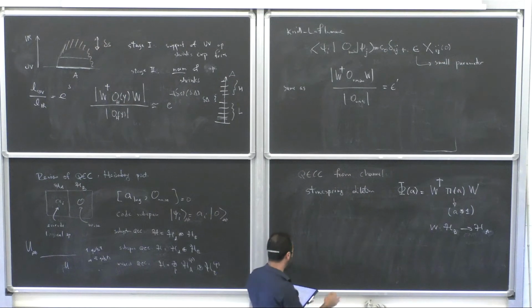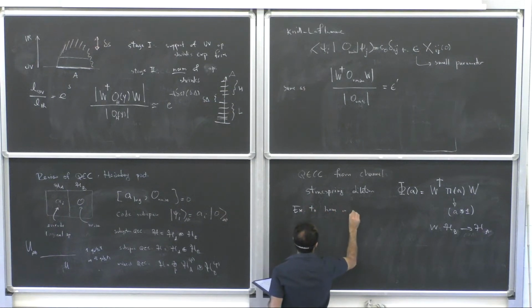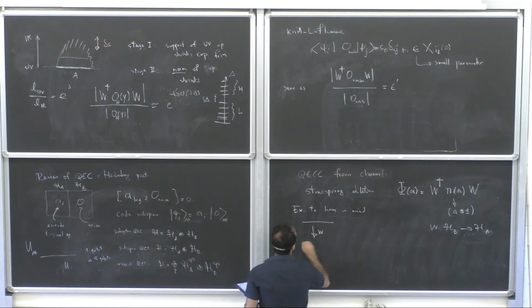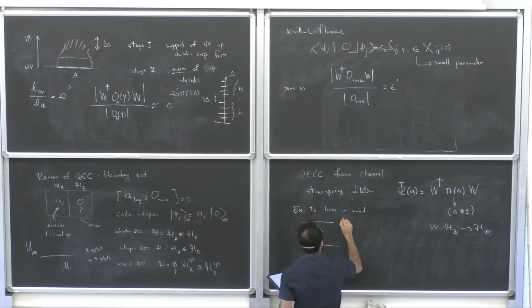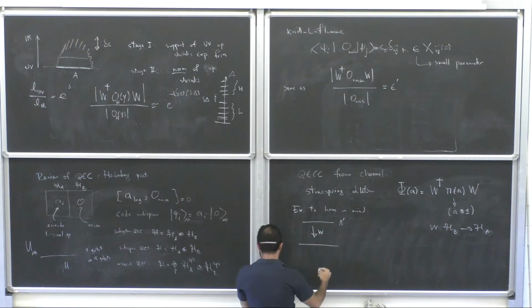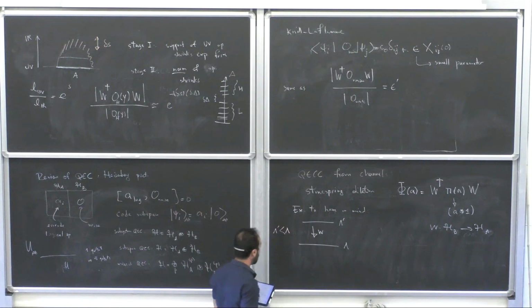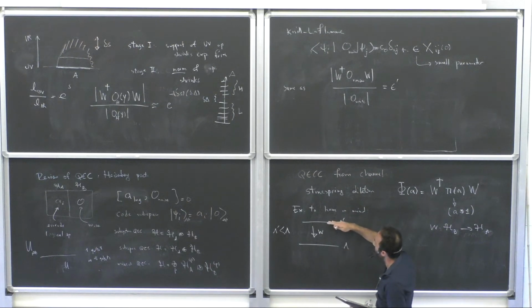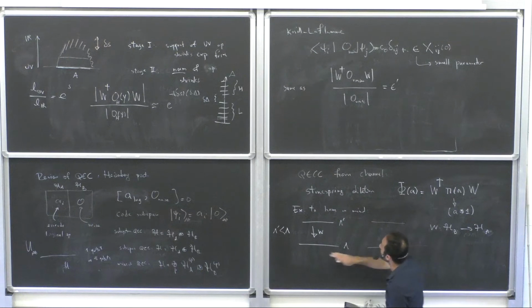The example to have in mind, as I said, is RG. I'm drawing pictures as if it's holography. This W is the thing that pushes you from some slice deeper in the bulk, some scale lambda prime, to some scale lambda, towards the boundary. The map is from the infrared to the UV. This is the Schrodinger picture.